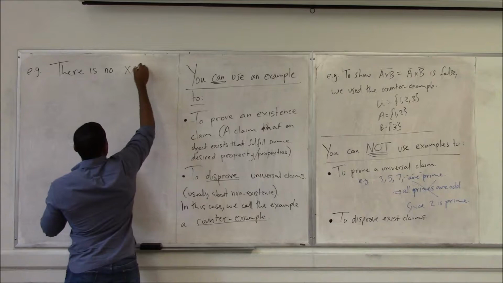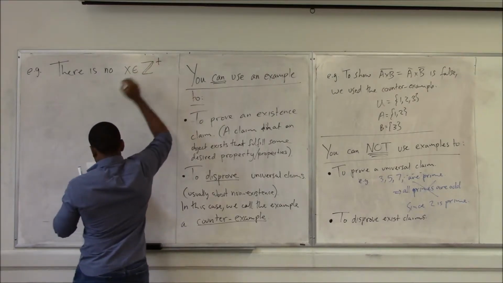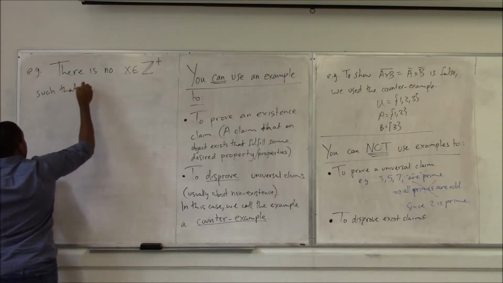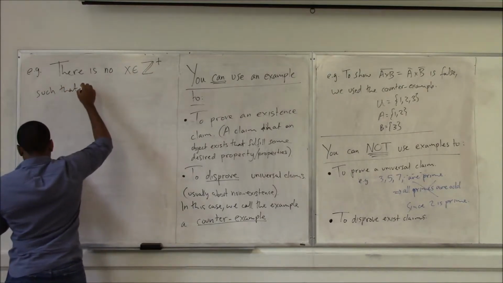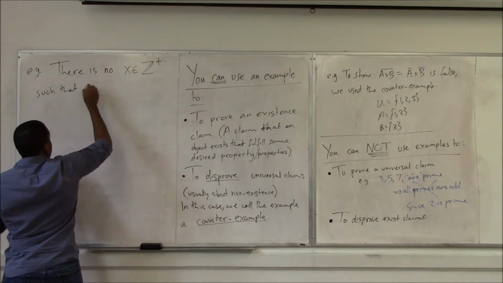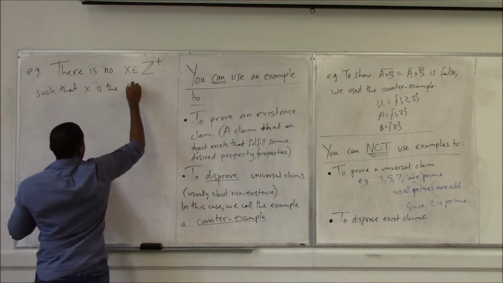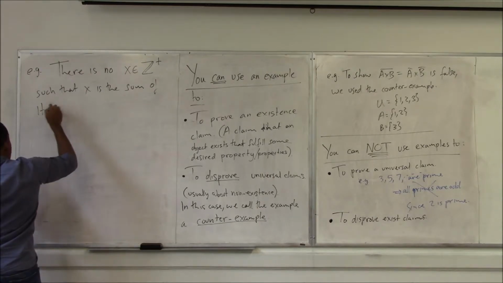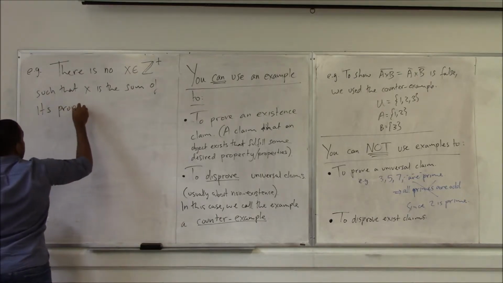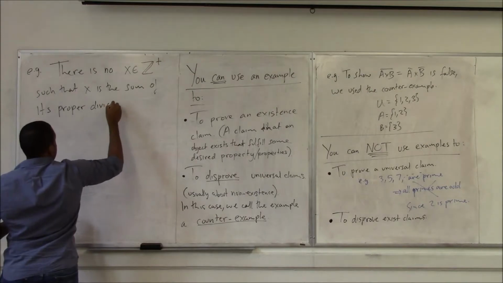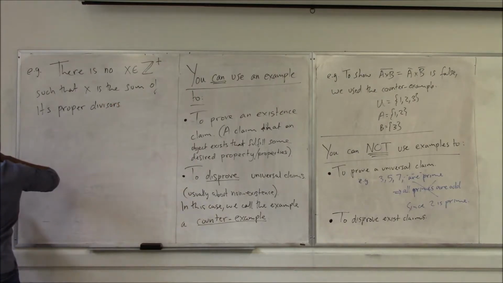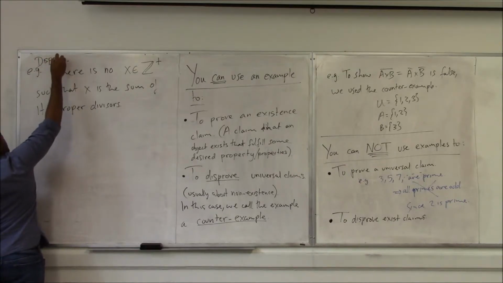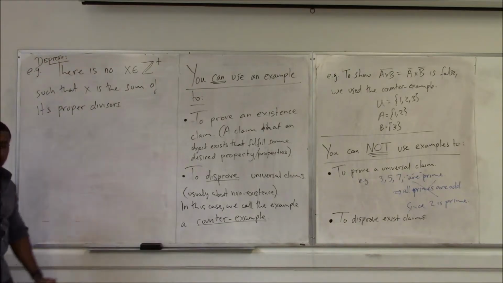There is no positive integer x such that x is the sum of its proper divisors. Make it easy for you. Disprove this. So the claim is actually not true.